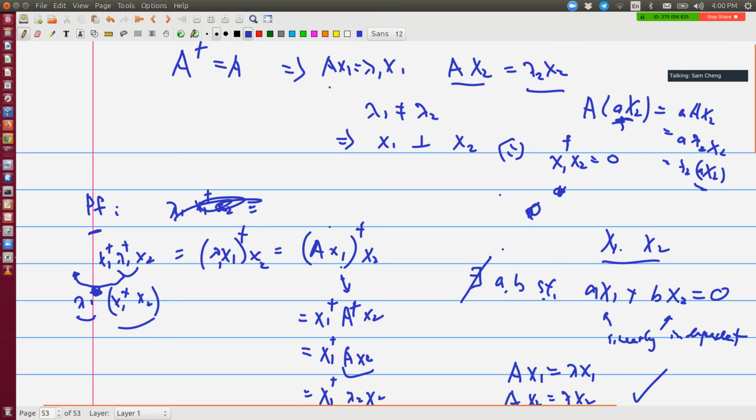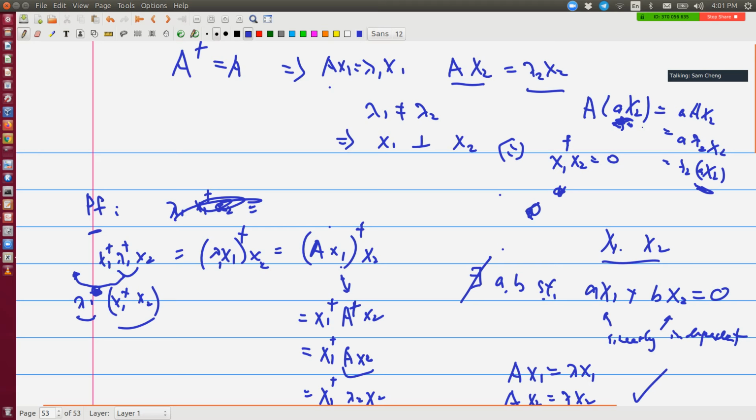If I normalize or scale, the eigenvectors will still be eigenvectors, because I have A multiplied by the eigenvector. For example, let's say A x2 where x2 is an eigenvector.